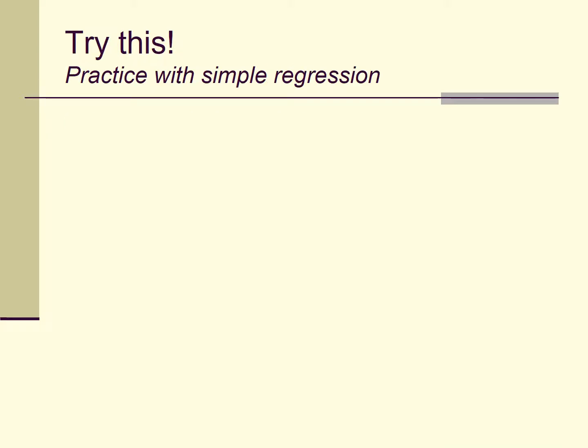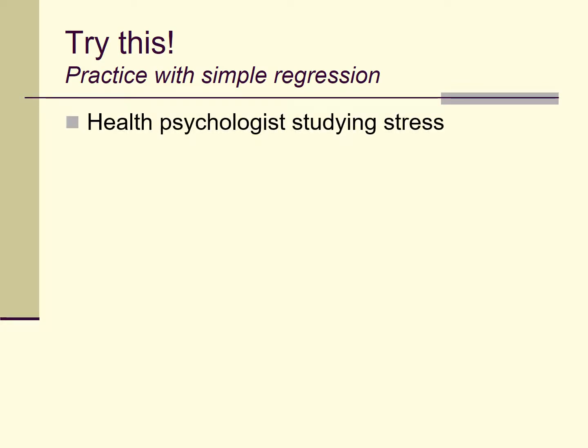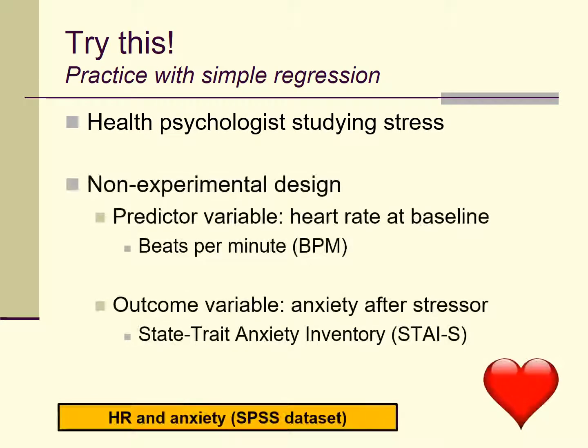Okay, so imagine that you're a health psychologist who's studying stress, and you're doing a non-experimental study where you have a predictor variable which is heart rate measured at some baseline period, and we're operationalizing heart rate as just beats per minute. And you've got an outcome variable which is anxiety response after a stressor.